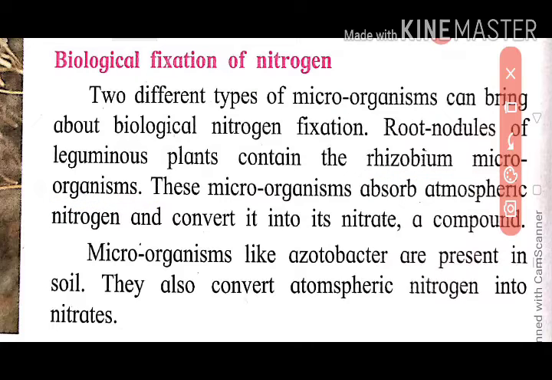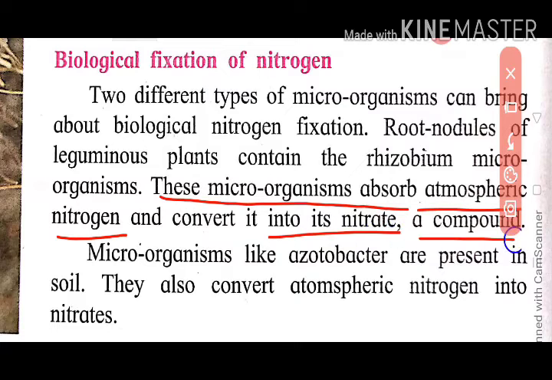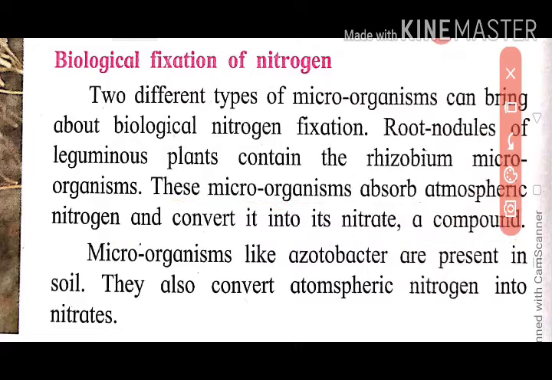These microorganisms absorb atmospheric nitrogen. They absorb nitrogen from the atmosphere and convert it into its nitrate compound. And the second type of microorganisms, like azotobacter, are present in soil.